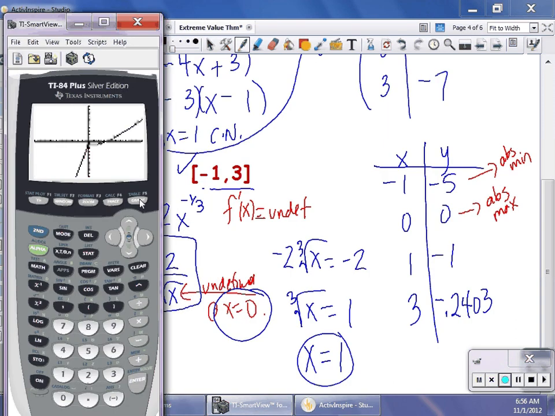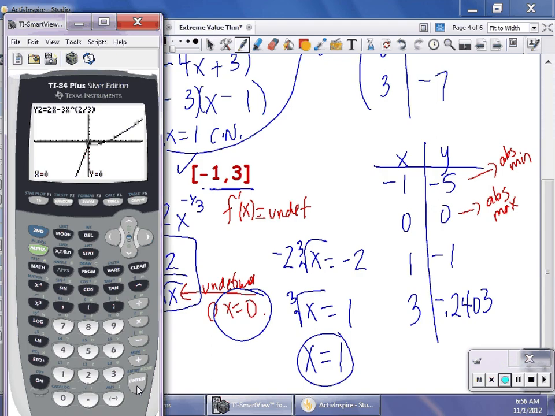So another thing we could do just to verify what's going on here is we could say second calc value. So we can see at negative 1 there is the y value of negative 5. At 0, the y value is 0.